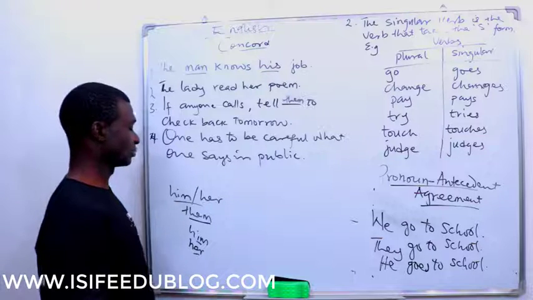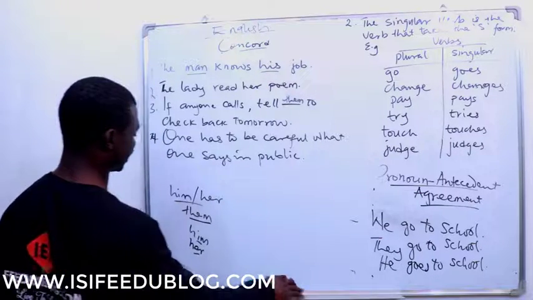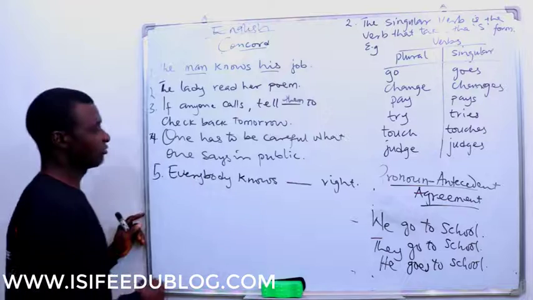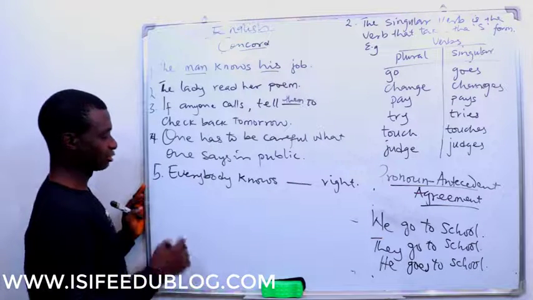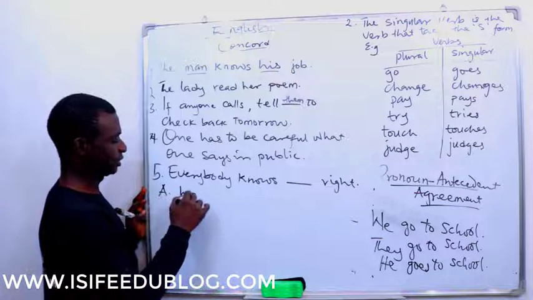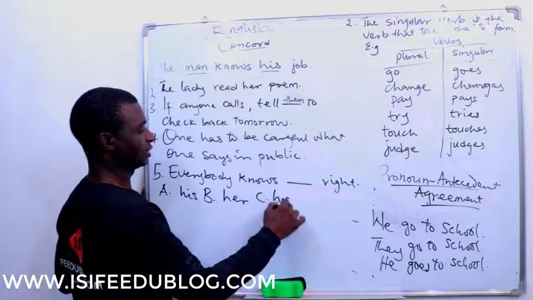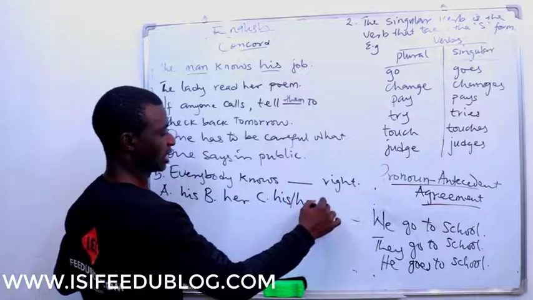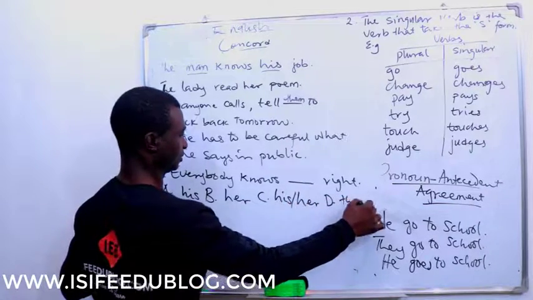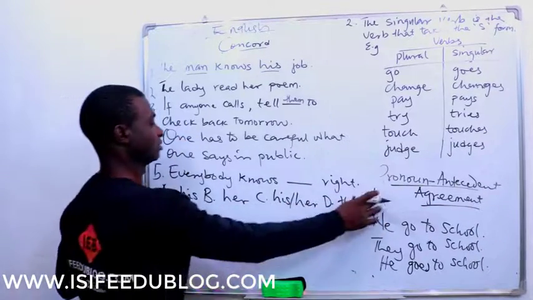So in your exams, if you get something like, everybody knows dash right, A, his, B, her, C, his stroke her, and D, they. Alright?